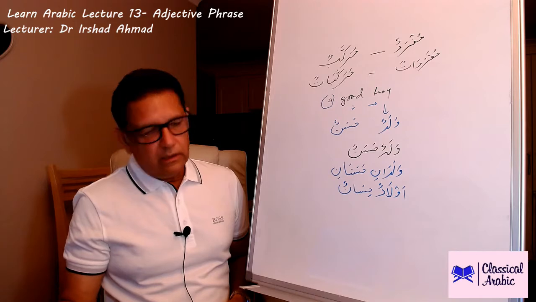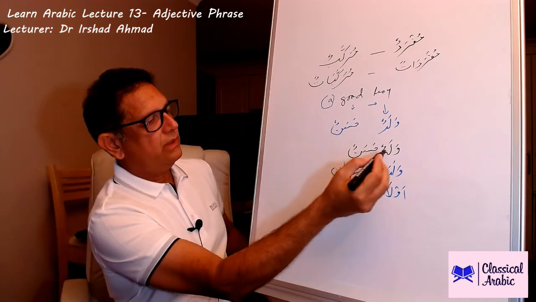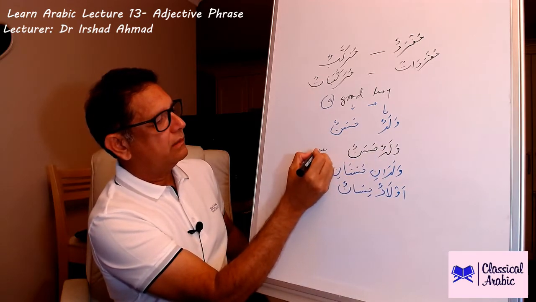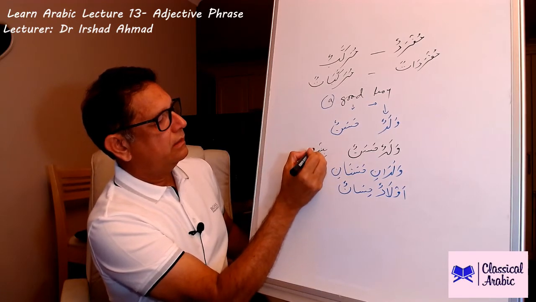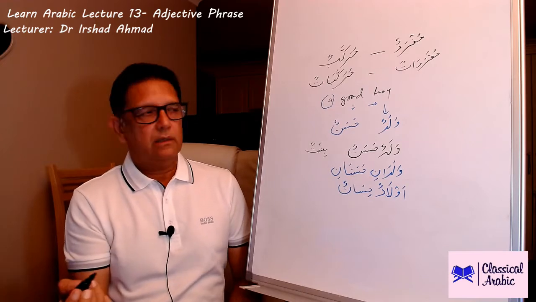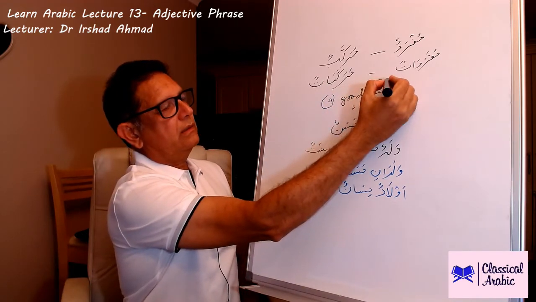What if we make mawsoof muannas? So waladun is boy, bintun will be girl. So now we want to say good girl. So in English, good boy, and then good girl.